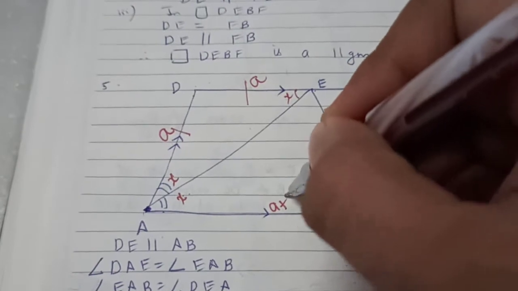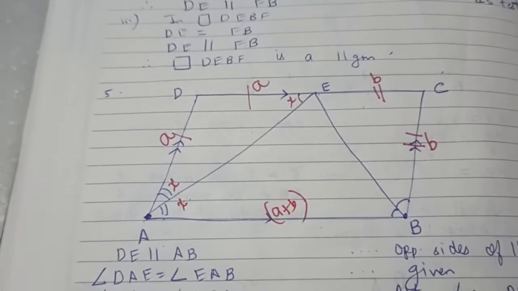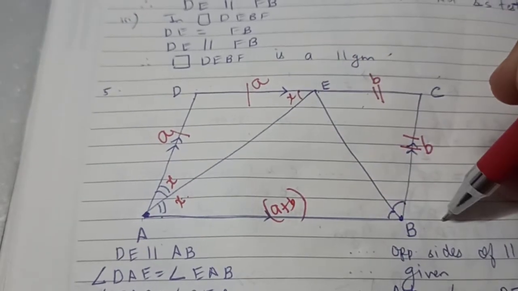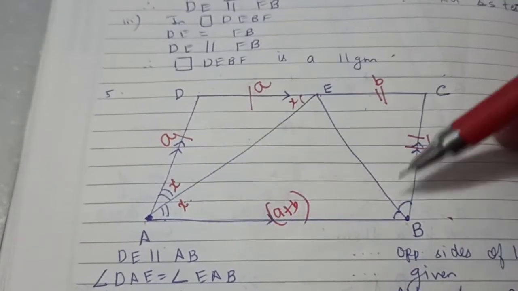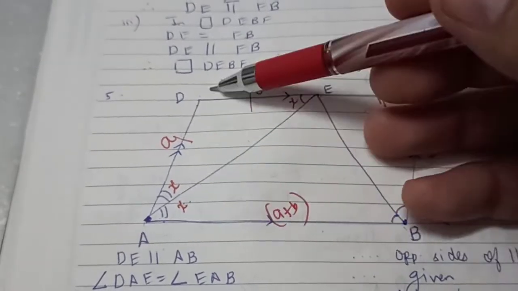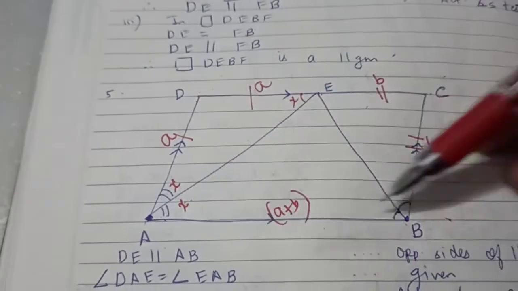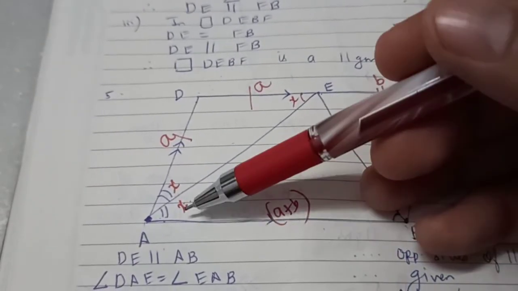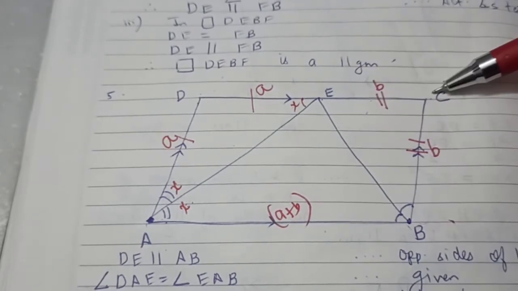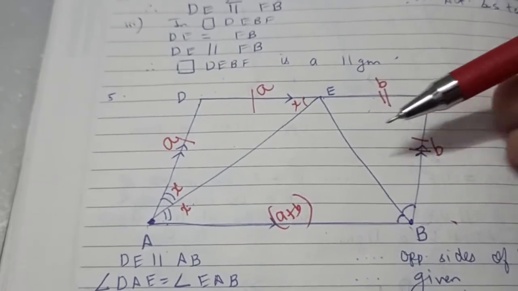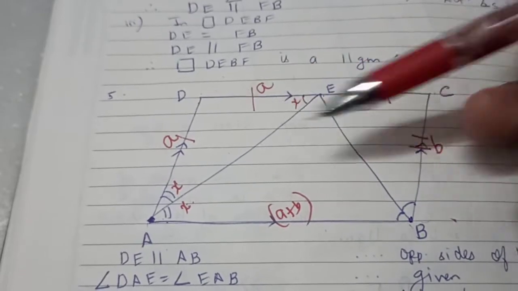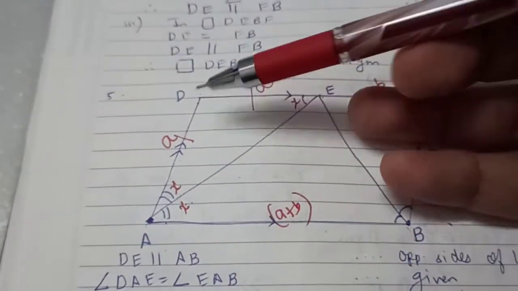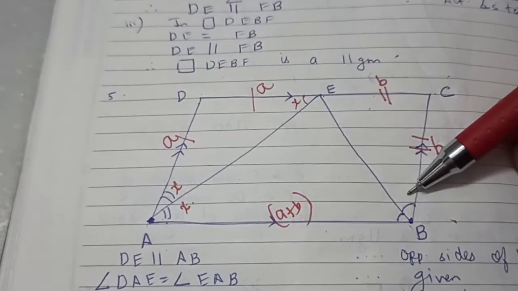It's A plus B. So AB is equal to AD plus BC, because even this is A plus B. So AB is equal to AD plus BC. But aren't AD and BC equal? Aren't they equal? Because they are opposite sides of a parallelogram. So I can say now that AB is equal to AD plus AD, or I can say AB is equal to twice of AD.